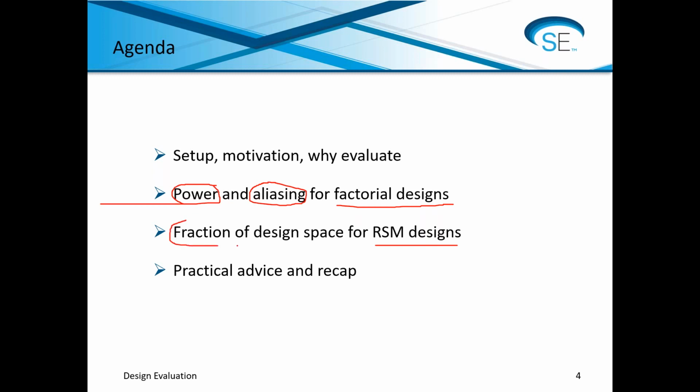And then this thing that we call the fraction of design space, which is used to evaluate response surface designs. And then finally, I like to throw in all of the tips and tricks that I've collected over the last decade into a single slide, and hopefully this will be useful to you when you go off on your own.